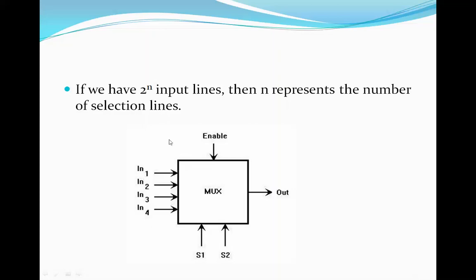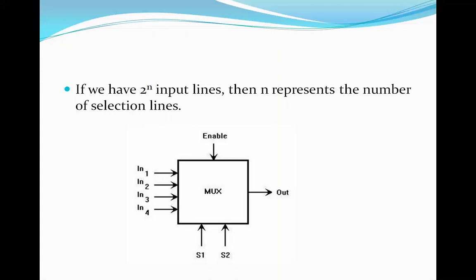In this case we are having 4 inputs, that means 2 raised to the power 2 input lines, so n is 2. Therefore if we are having 4 input lines, n will be equal to 2, and we have to take 2 selection lines in implementing the 4x1 multiplexer.